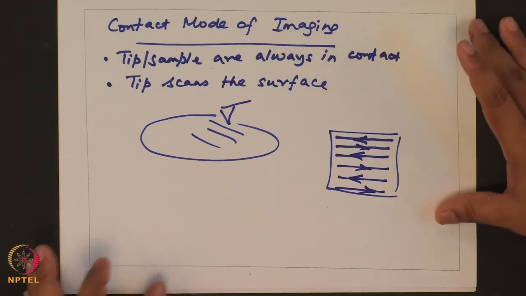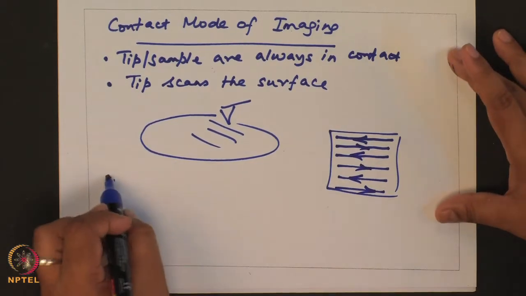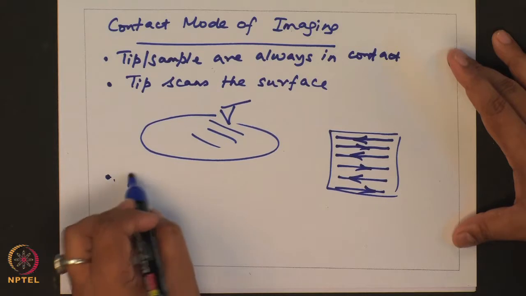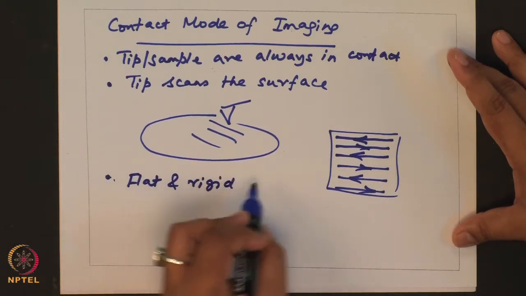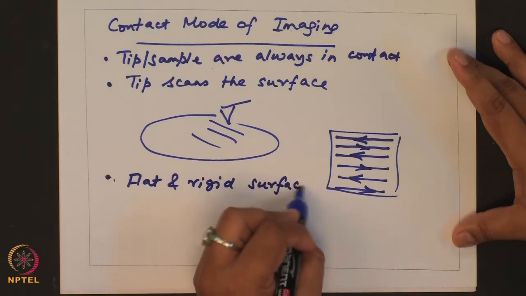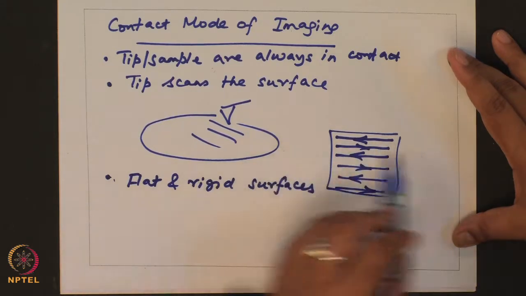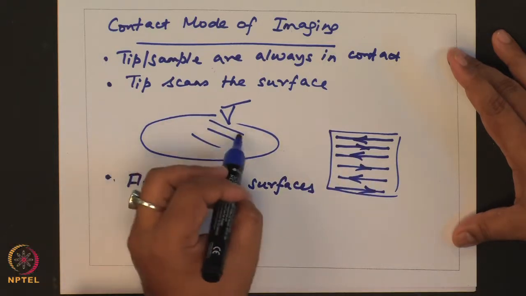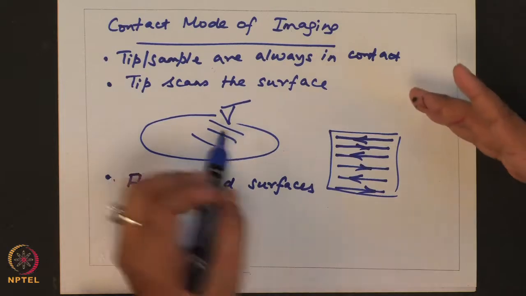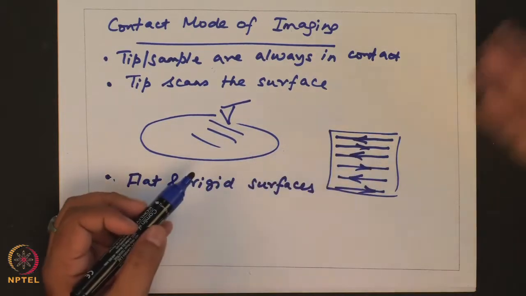Okay. So, this kind of contact mode of imaging is particularly preferred for very flat and rigid surfaces. This is important because you are scanning laterally, you are exerting force on the sample. So, if you are working with a very delicate sample like a cell, then this force may be enough to dislodge the cell.